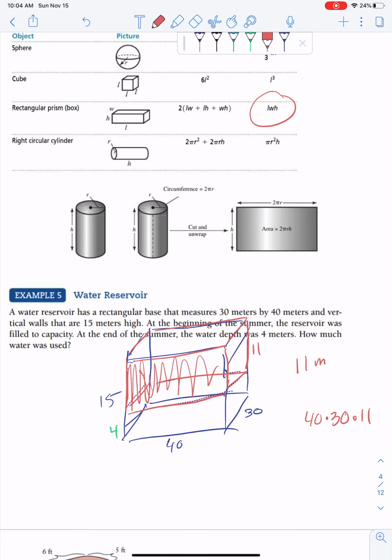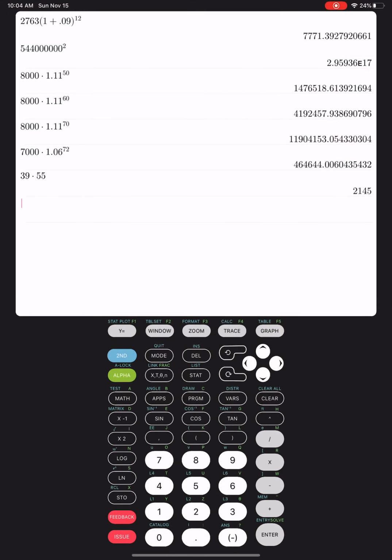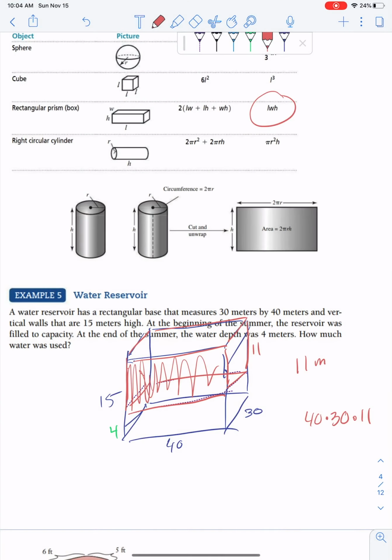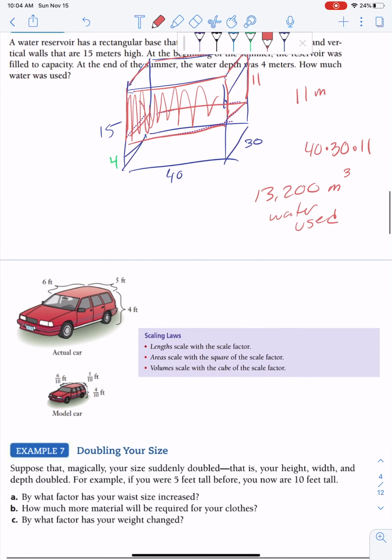So 40 times 30 times 11, I get 13,200. 13,200, and we are in meters. So meters cubed is the amount of water that was used. Okay. You could have found all of the water and subtracted what was left, or just find what water got used to begin with.